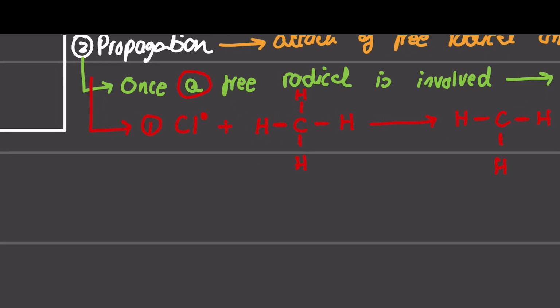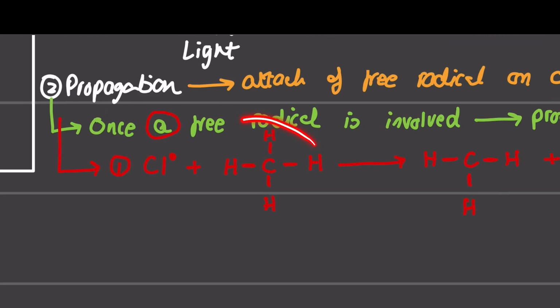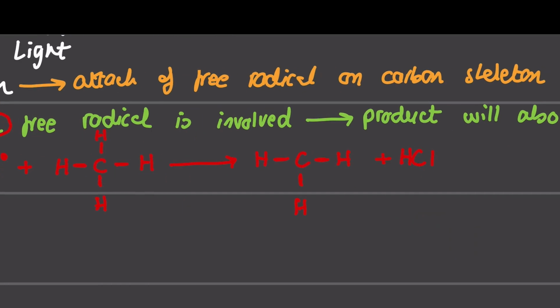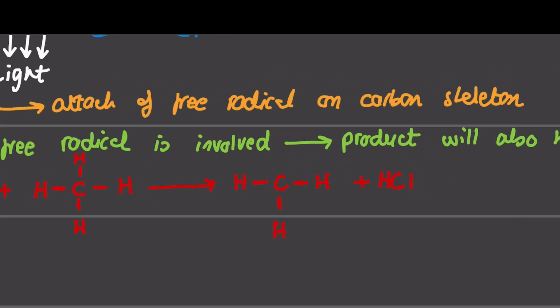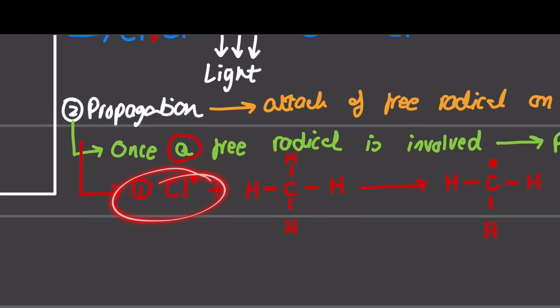The chlorine is stealing a hydrogen from the methane molecule, or from the carbon skeleton, or from the alkane. So this thing is now going to become a free radical, and we show it by creating this dot over here. So you see, there's a free radical here, there's a free radical here. It's propagating itself.